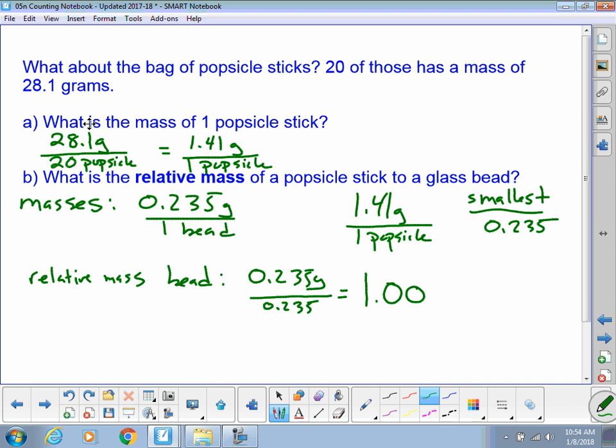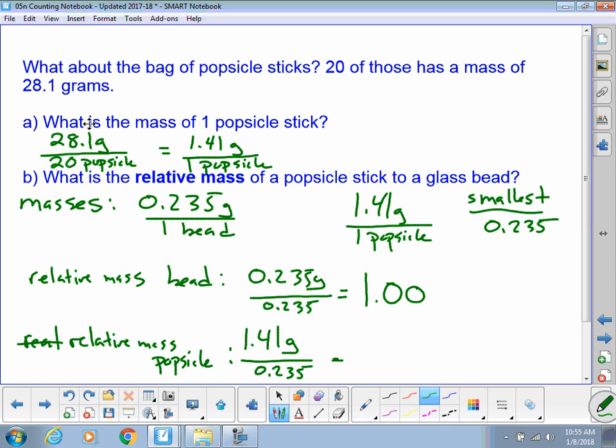And if we do the same thing for the popsicle stick, relative mass for my popsicle stick, 1.41 grams over 0.235. And what do I get for that? 6.